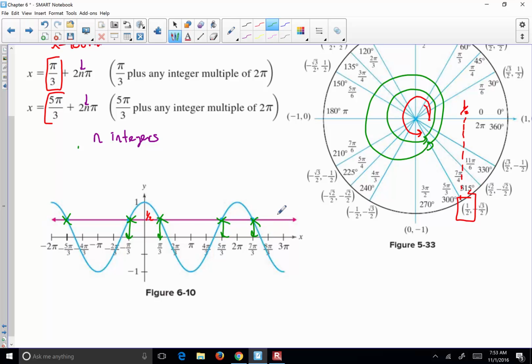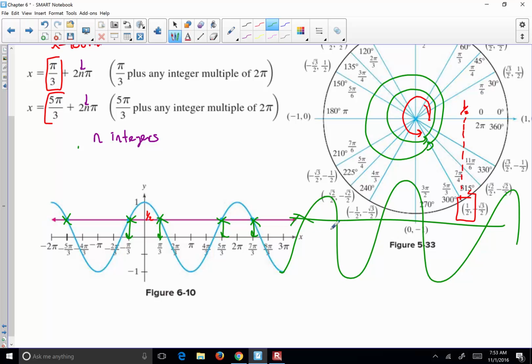Is it only 5 though? Now if this goes up and down, you will cross more and more values. Every time you add 2 pi, you hit another value, another solution.